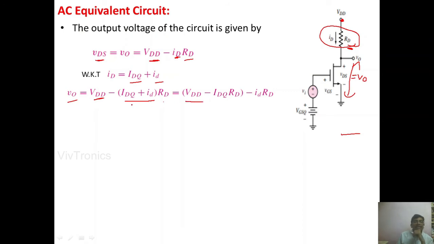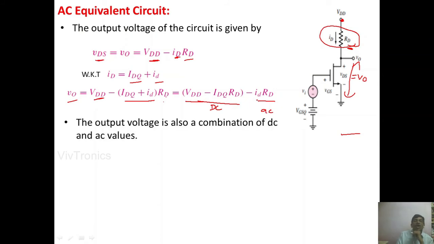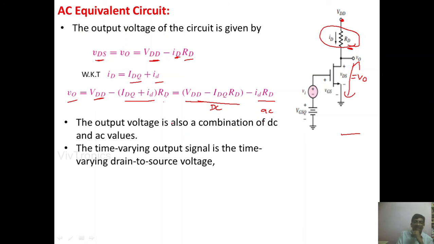VDD minus IDQ into RD is the pure DC component term, and small id into RD is the AC term, because small id is the AC. Output voltage is also a combination of DC and AC values. When we apply DC and AC to the input, the output is also a combination of DC and AC.